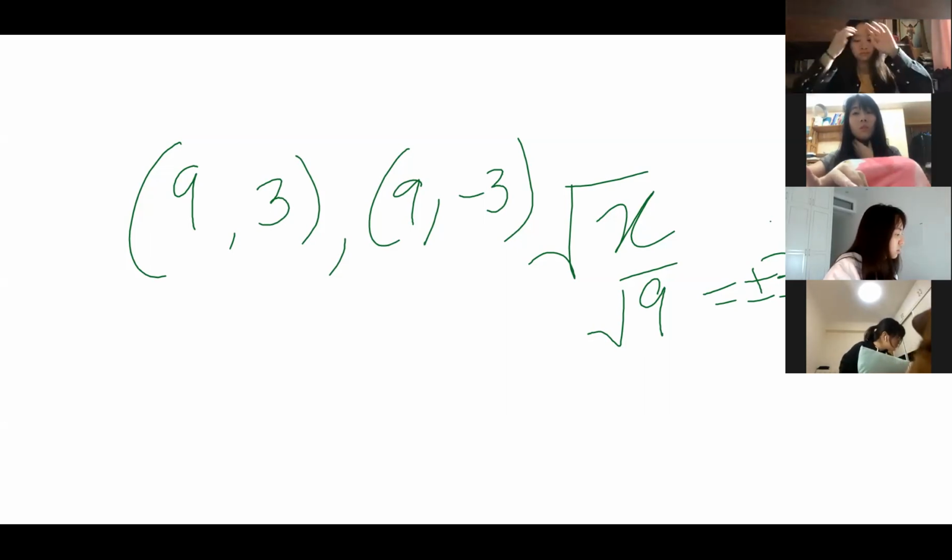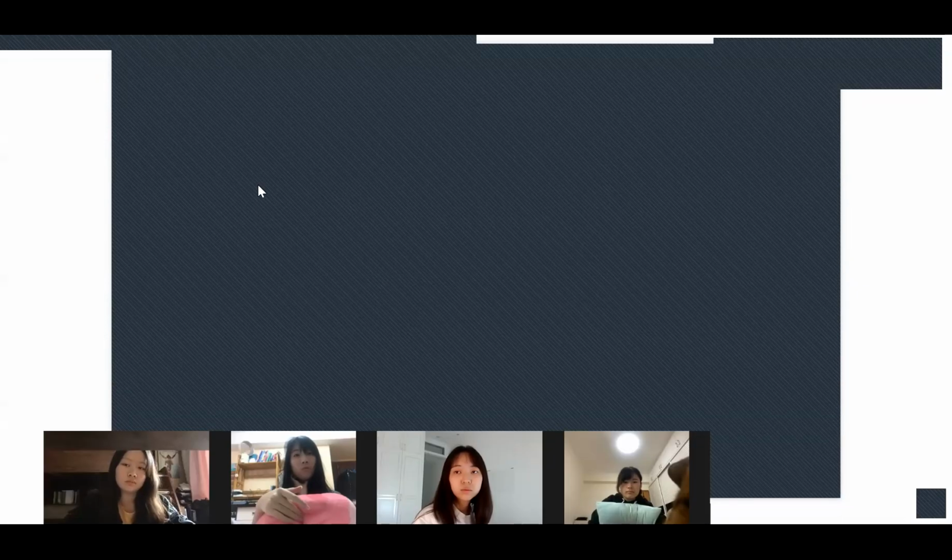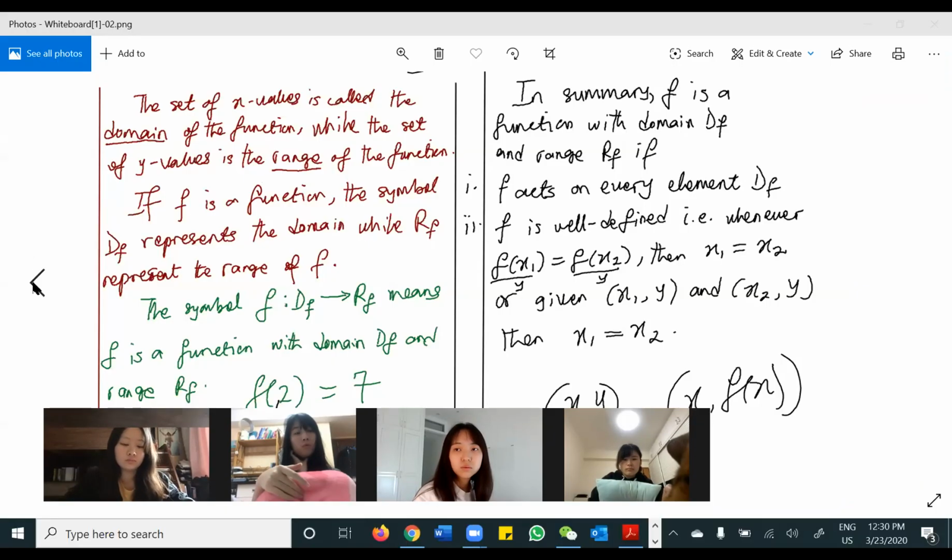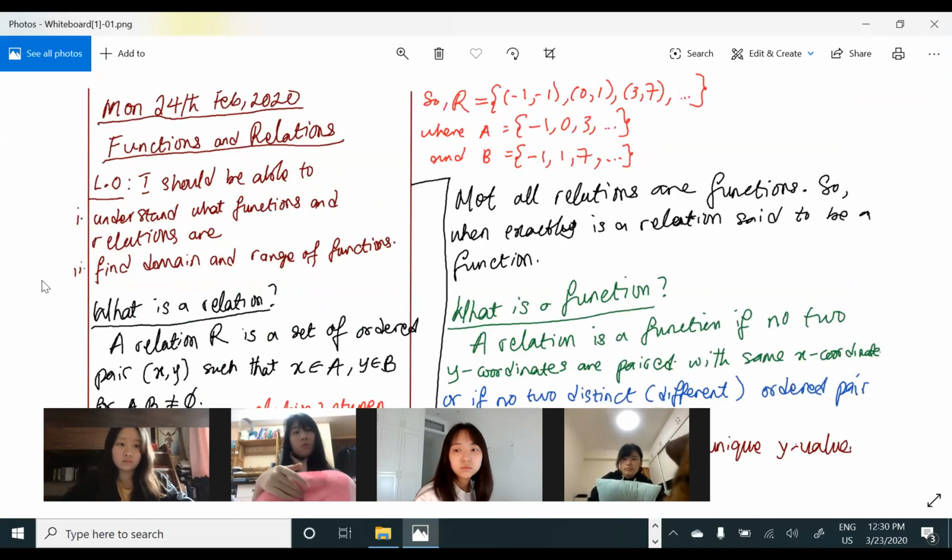Well, so let's see this. Someone sent a message. Let's see what your message is. All right, Mr. Cheng, that's your message. So let's look at this. Remember this? That was done on February 24th.